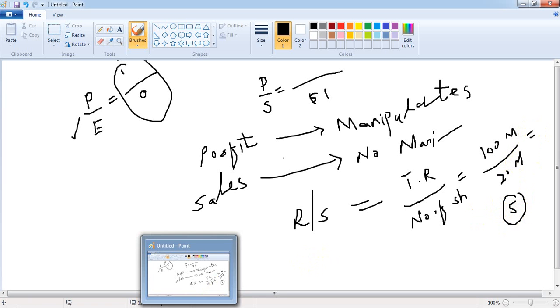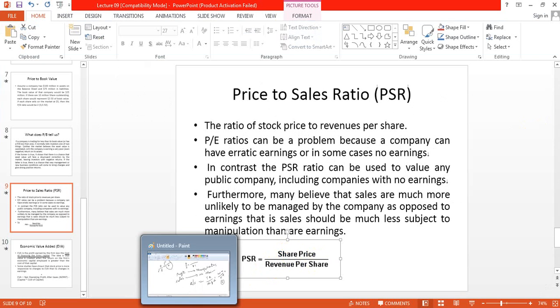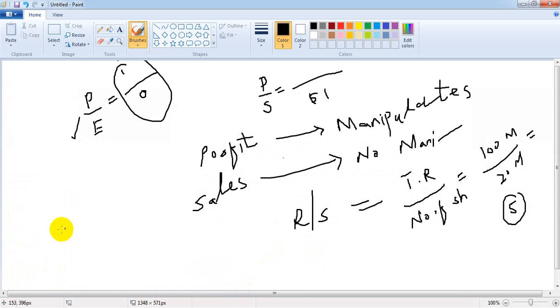So then what will you do? What is the share price in the market? PSR, price to sales ratio, is equal to share price in the market divided by revenue per share.